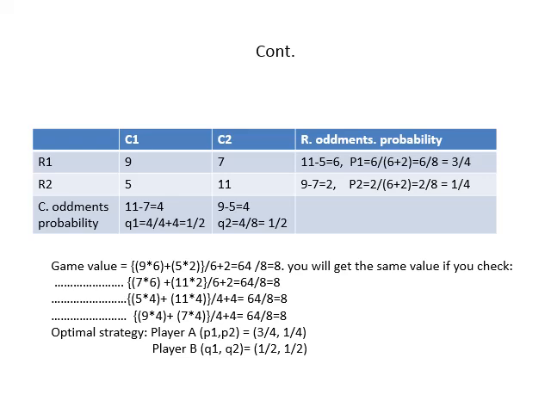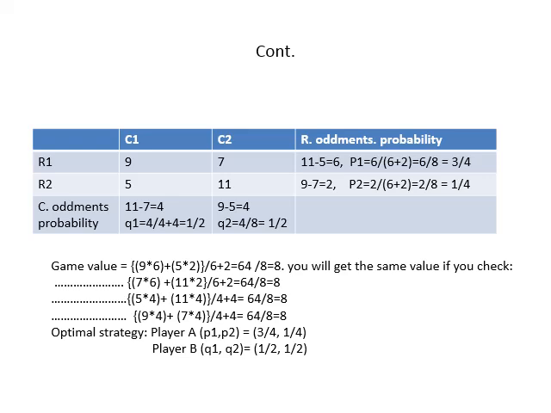The probability of C2, which we indicated as Q2, equals 4, the odd means of C2, over 4 plus 4, or 4 over 8, also equal to half.